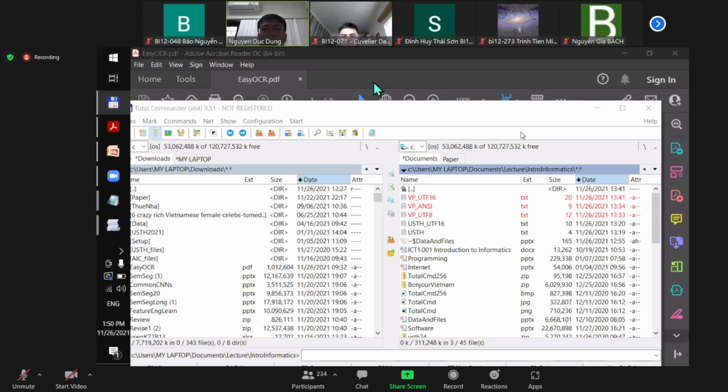Thank you very much. That's because when you create a document and save it, you save it in UTF-8 or in the UTF-16 encoding scheme. You know about that, but the problem is that other people may not know about that.